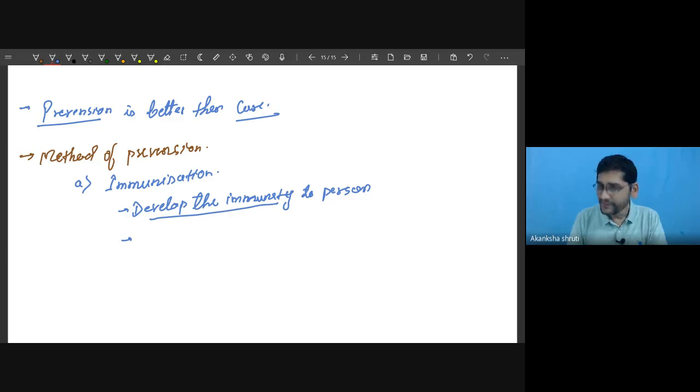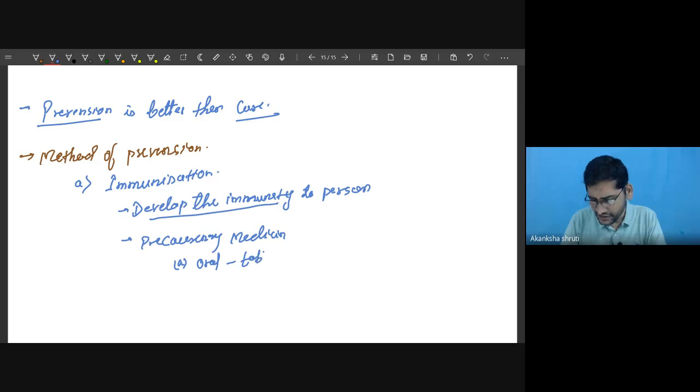For this, certain precautionary medicines are given. That medicine may be oral or in the form of injection. Oral means those medicines which can be taken by mouth, like your tablet.